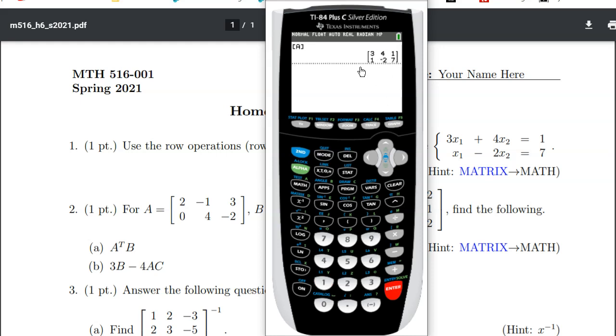Then to solve this system of equations, I'm going to apply row operations to get 1 here and a 0 here, and a 0 here and 1 here. What shows up on the right hand side is going to be the x value and the y value, in this case the x1 value and x2 value.